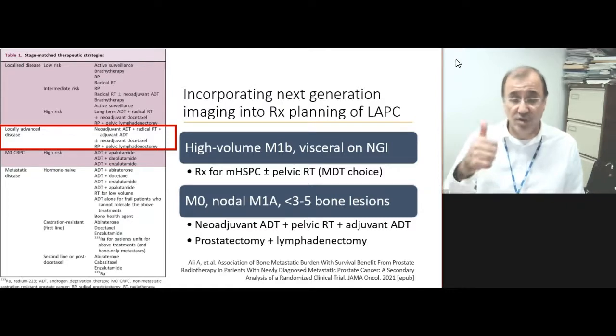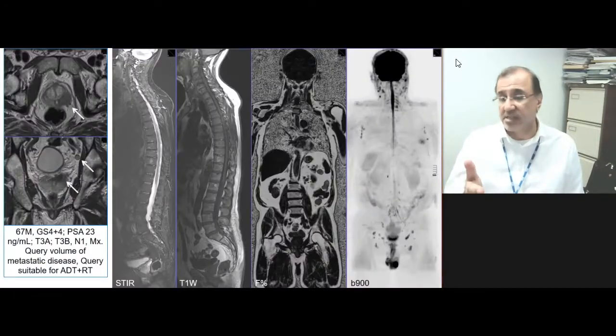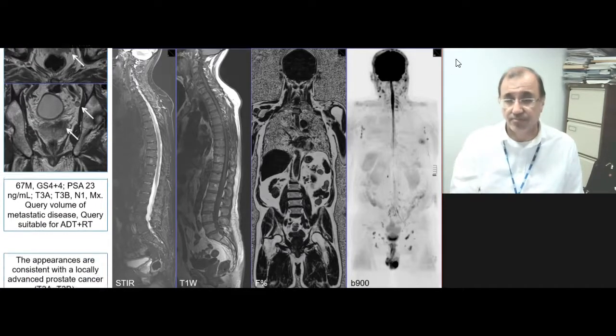However, if you have no metastatic disease, or you have only pelvic lymph node disease, or you have low volume disease seen on next generation imaging, then you should go ahead and treat the pelvis with pelvic radiotherapy and obviously adjuvant ADT. So here's an example of a person I saw recently. You can see locally advanced disease, a single lymph node in the left pelvic side wall, and a whole body MRI that shows no metastatic disease.